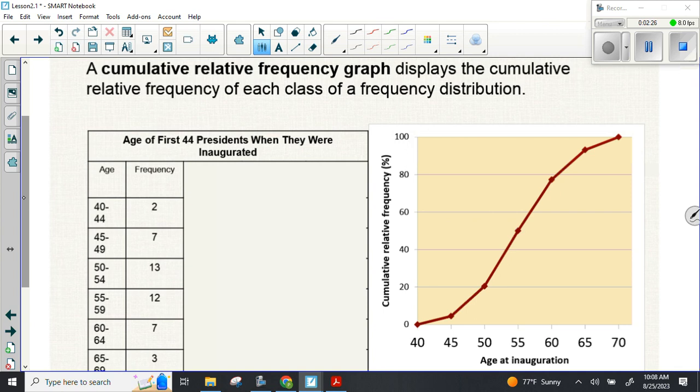So this is also called an ogive. That's what I'm going to call it. It's a relative cumulative frequency graph. The name comes from a certain type of arch in architecture. That style of arch is called an ogive, and they realized that this graph looked like that arch and called it that. Not that that's important to know, but it's fun.